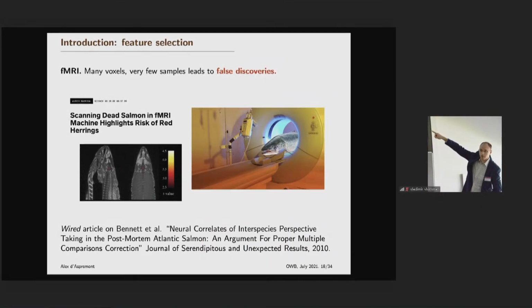And sure enough, because of the statistical noise, they did find significant activity in the dead salmon. And of course, this was just pure false discovery, but it was a very direct way to illustrate the fact that basically feature selection is an inherently dangerous statistical process if you don't control for false discovery.